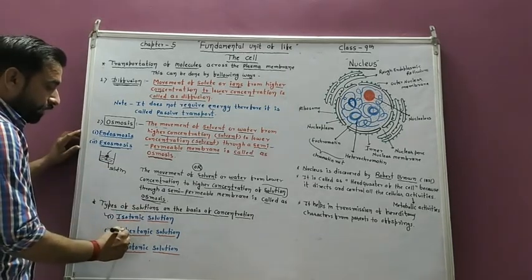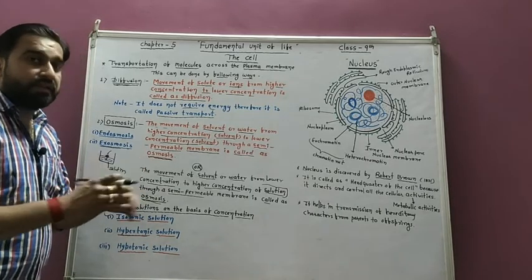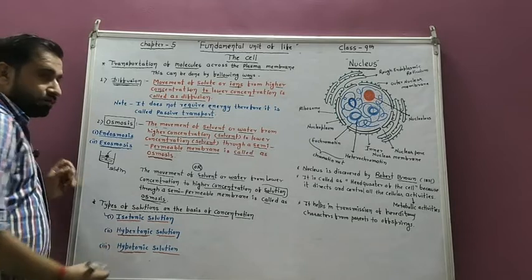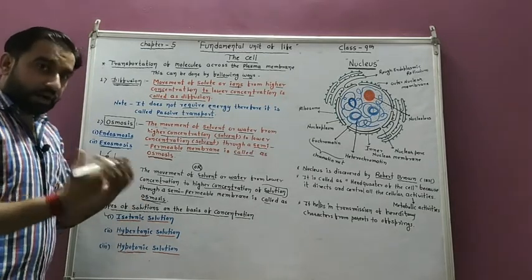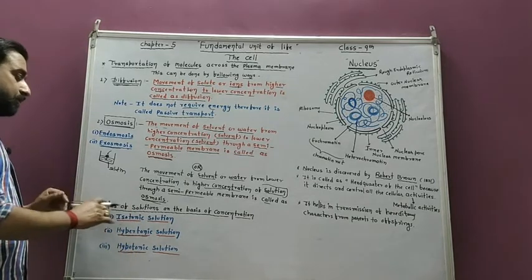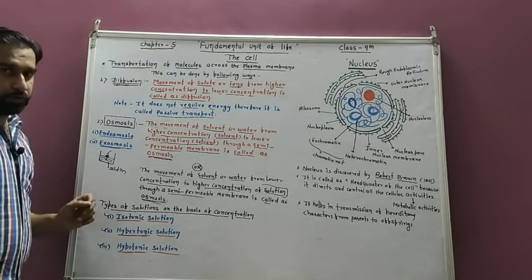Hypertonic solution means high concentration solution. The third one is hypotonic solution, low concentration solution. Hyper means high concentration, hypo means low concentration. So three kinds of solutions: isotonic, hypertonic and hypotonic.